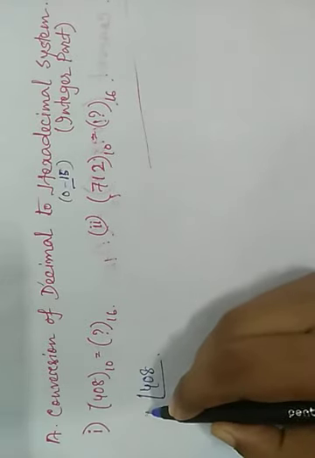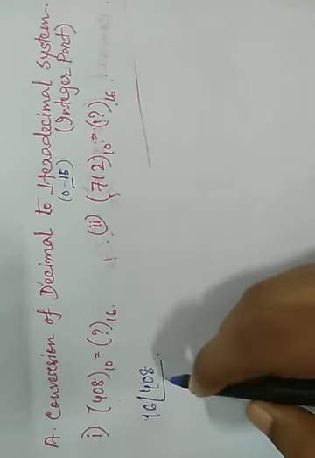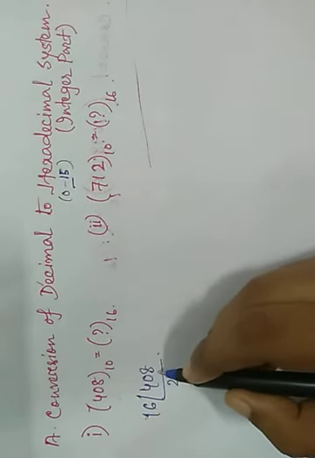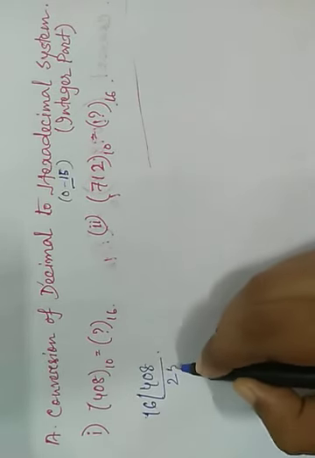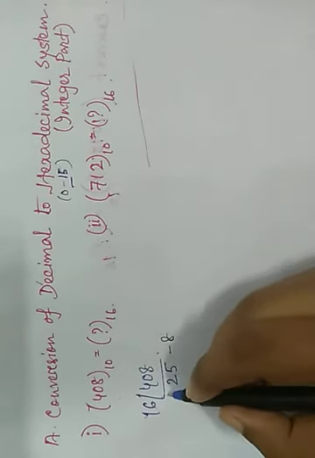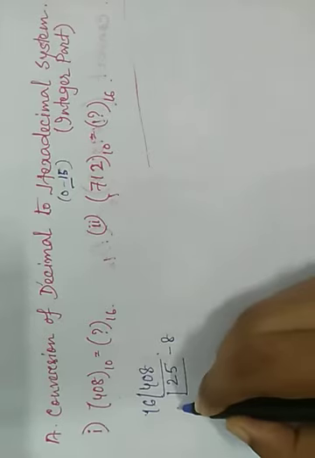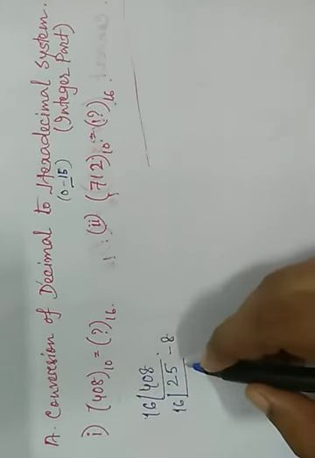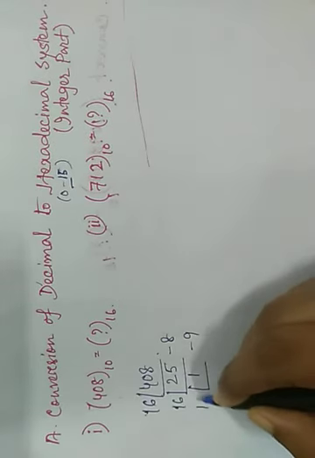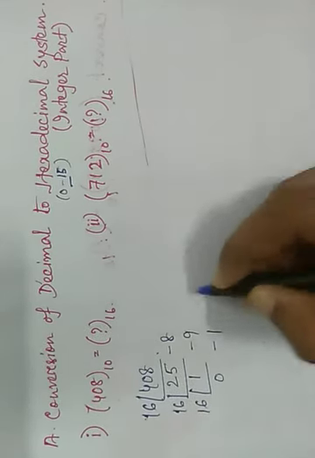Now, 16 times 25 is 400, 16 times 25 is 400, remainder is 8. 16 times 1 is 16, remainder is 9. 16 times 0, remainder is 1.